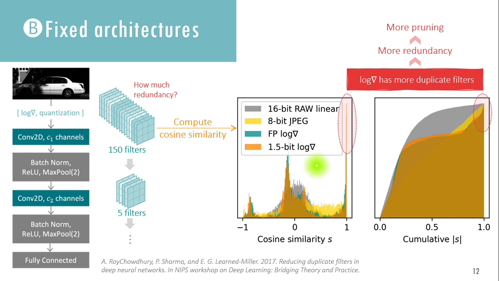If the cosine similarity equals 1, it means the 2 filters are exactly the same. That's a duplicate, which means we can remove all those duplicate filters. This is just the cumulative histogram of cosine similarity.